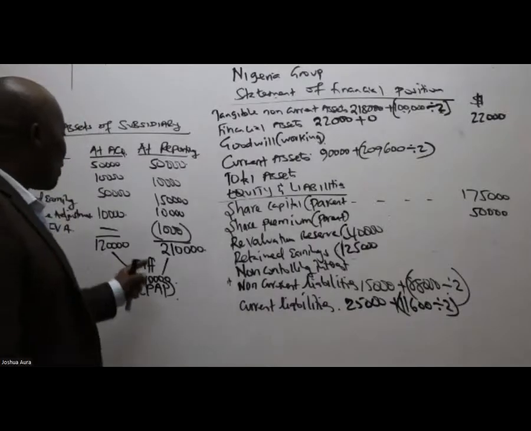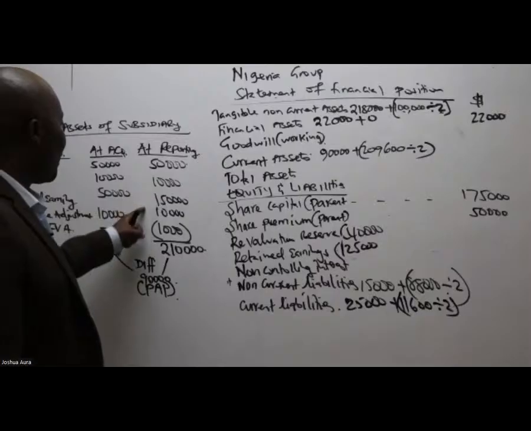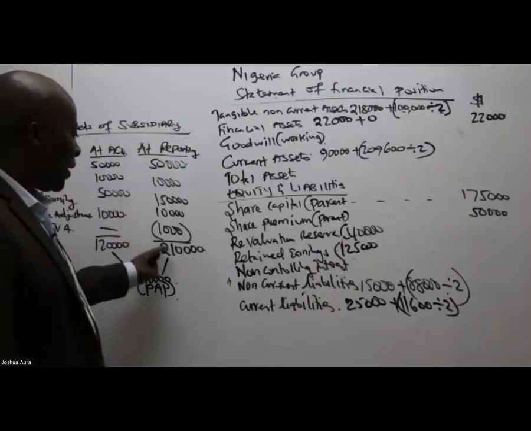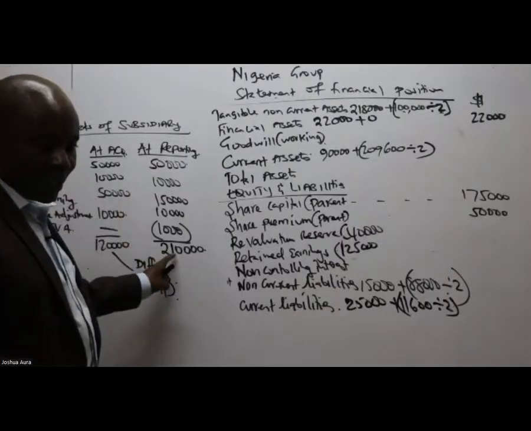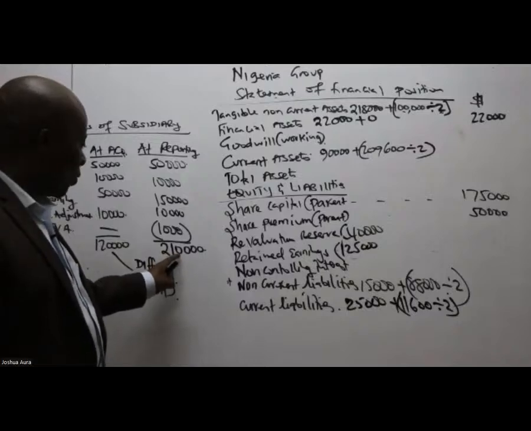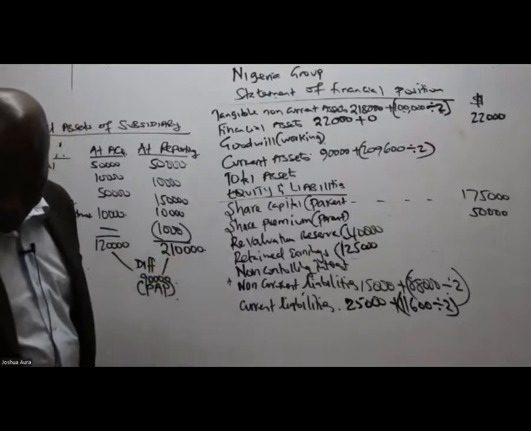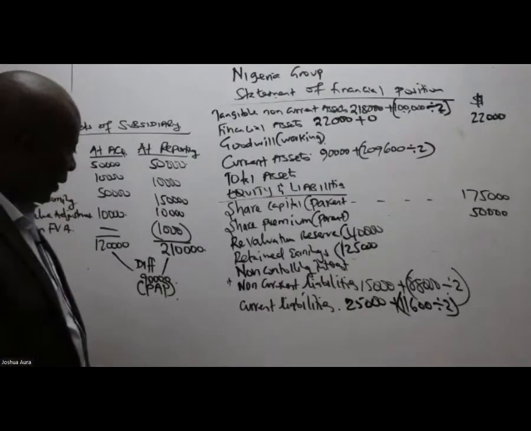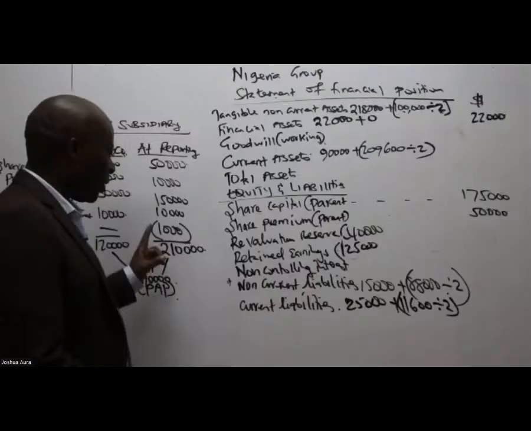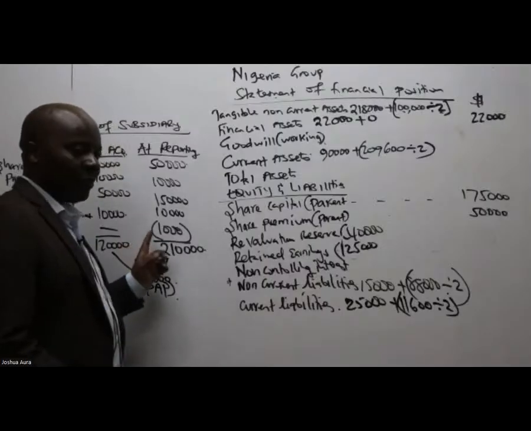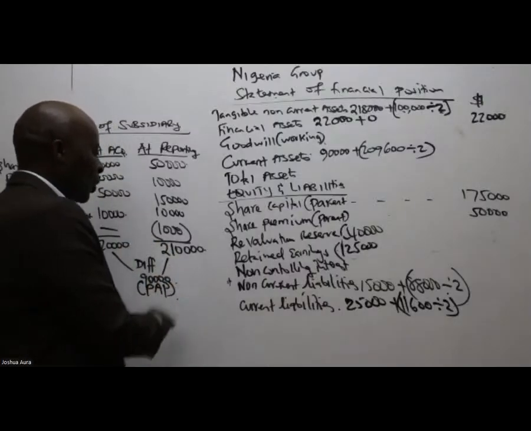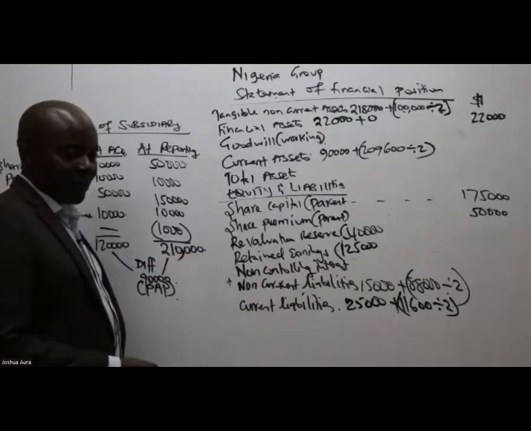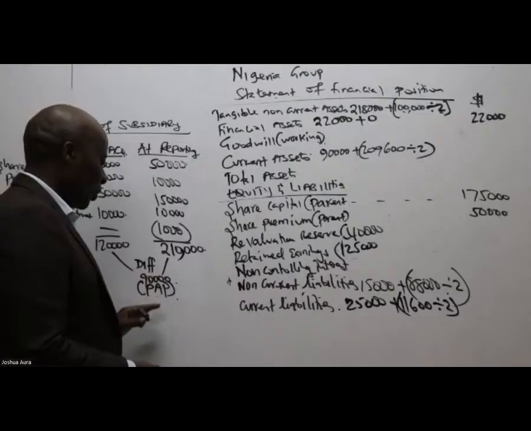So are you sure that you worked this thing out very nicely? Are you sure that this working is okay? It's 219,000. Let's not mess up things because the balance sheet will not balance. It's supposed to be 219,000.